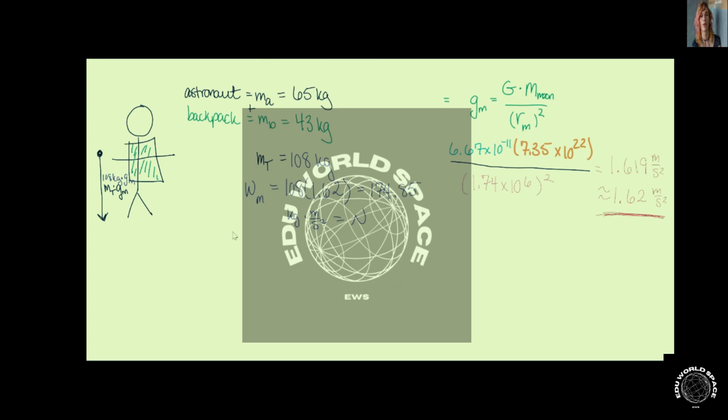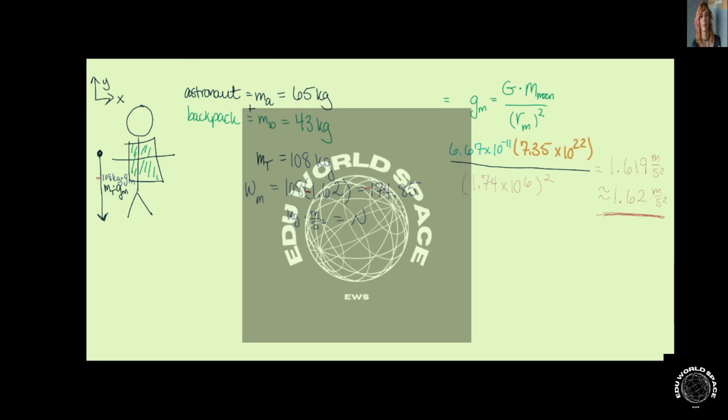Now, we need to remember that we are in a directional situation. We have x positive and y going upwards, which means gravity is actually negative. Because gravity is negative, I'm going to do it in red for emphasis, we need to make sure we have a negative sign on our answer for our weight. So this is going to be negative.